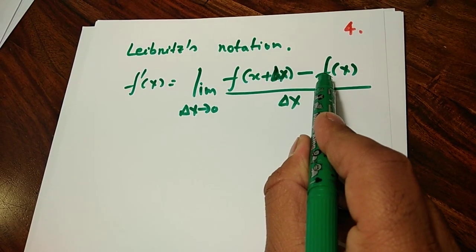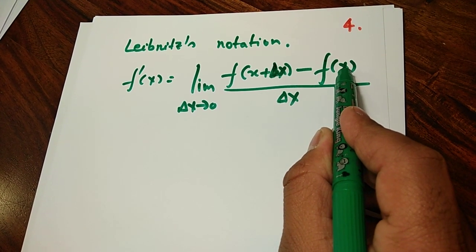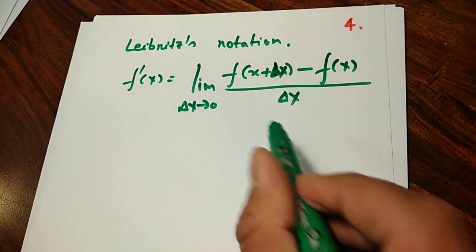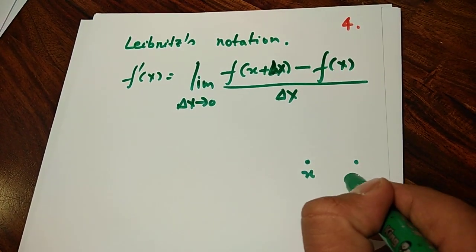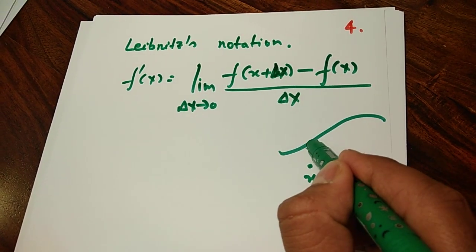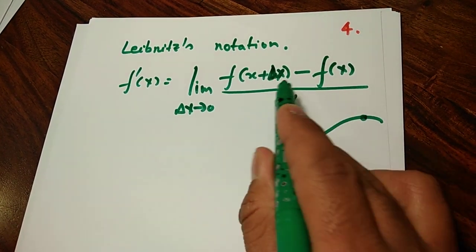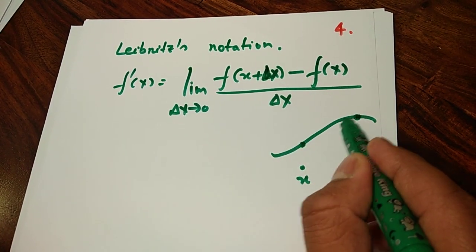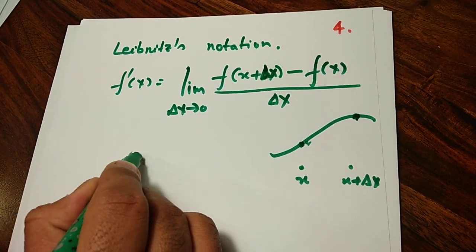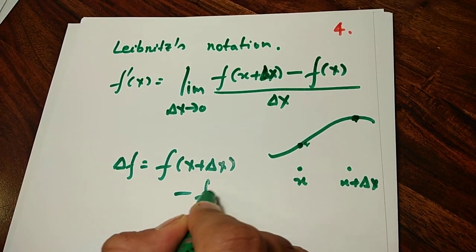So if the value is f of x at x and it changes to f of x plus delta x when you go from x to x plus delta x, your function has this value here and this value here, and the difference between these two is the amount by which the function has changed. So delta f is f of x plus delta x minus f of x.